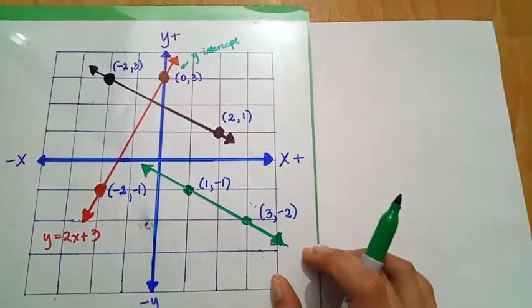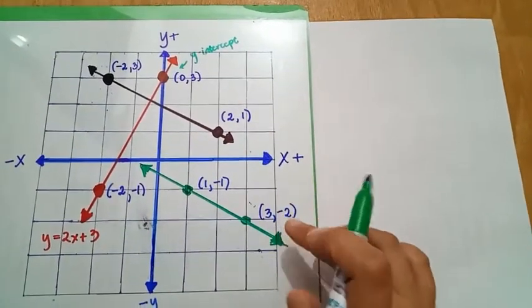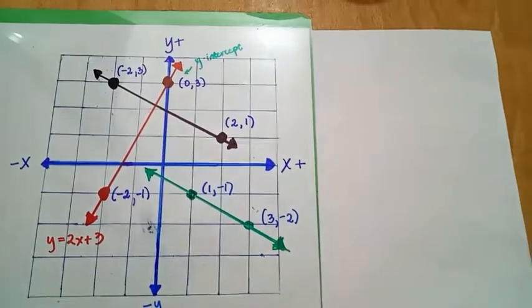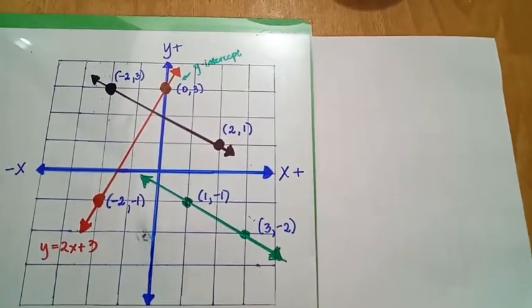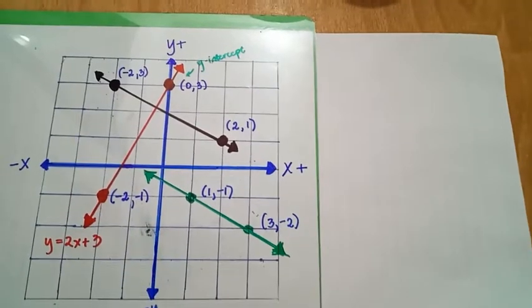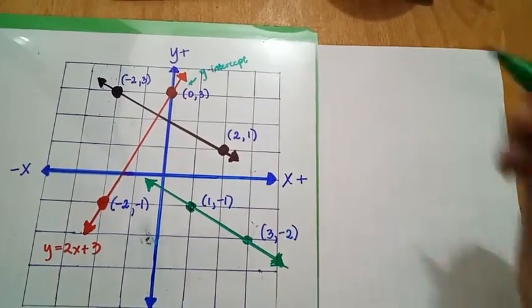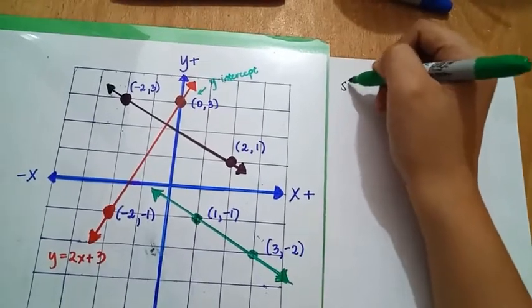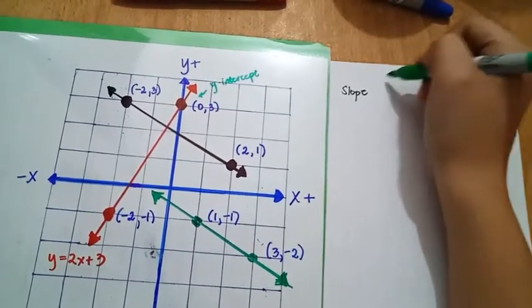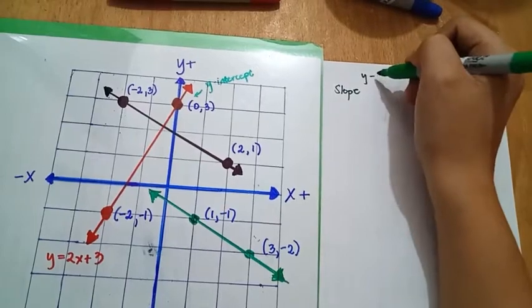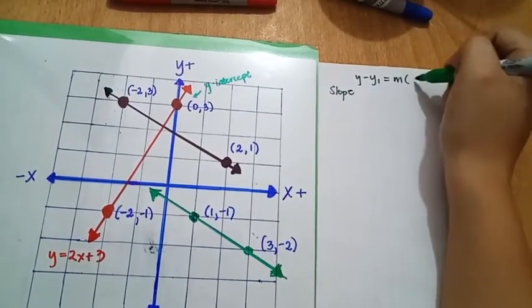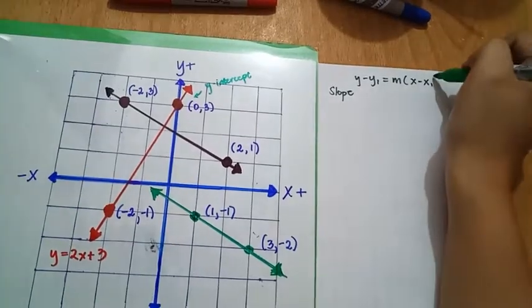Okay? So, since we have coordinates here, pwedeng 2-point form or pwedeng point slope form ang gagamitin natin. Okay? So, if you are to use the point slope form, be careful na nga lang sa pagbibilang for your slope. Okay? So, for the slope, para sa point slope form, y minus y sub 1 equals m times x minus x sub 1.